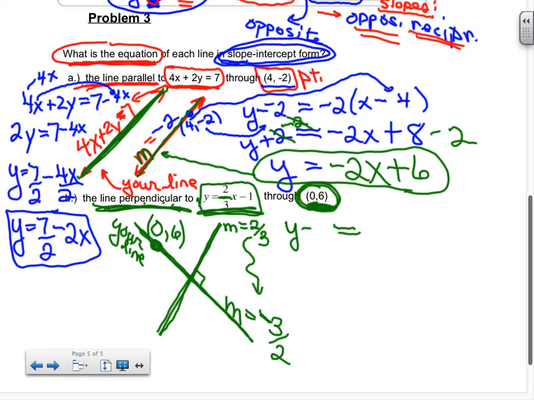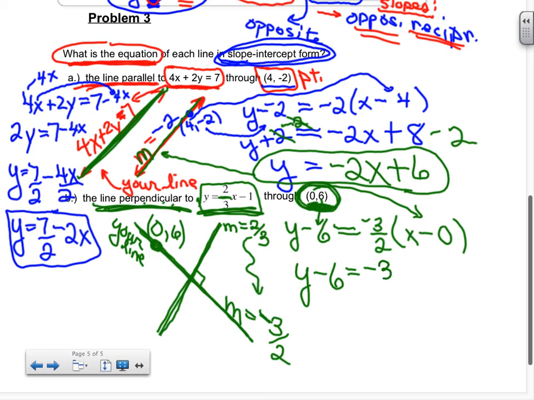I would just say this. y minus y1 equals, put your slope right here in front of x minus whatever, and stick the numbers in. I've got 0 for x. I've got 6 for y. So it's y minus 6 equals negative 3/2 x. Remember, this times this is nothing, so don't even write anything. Okay, almost done.